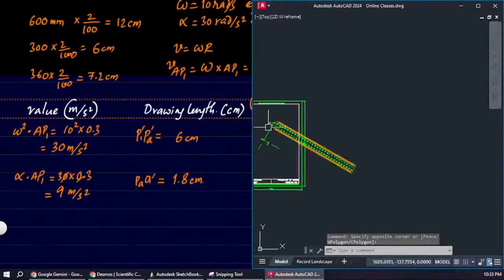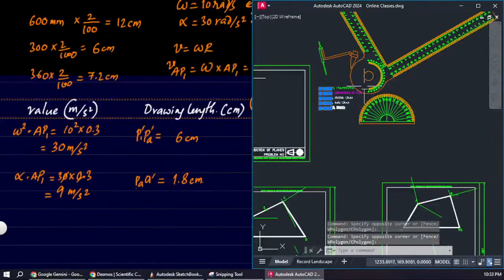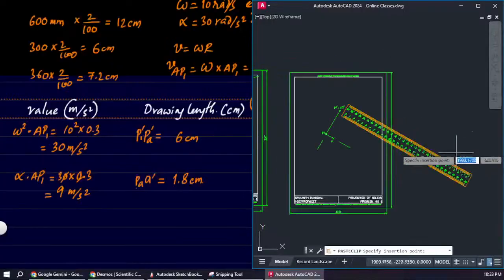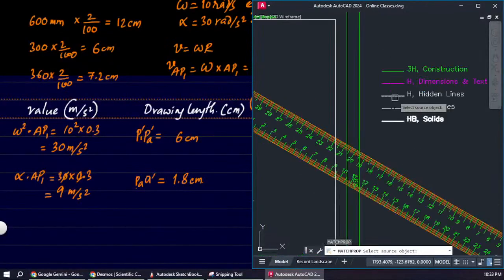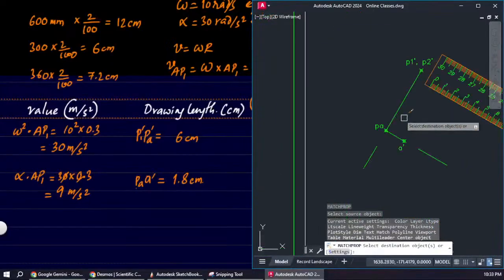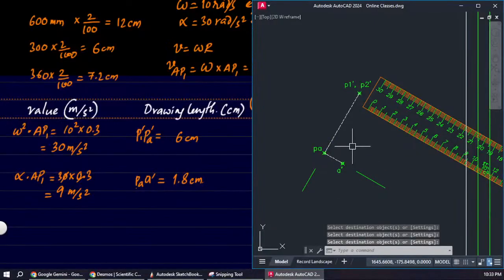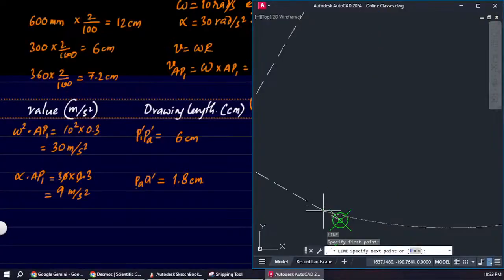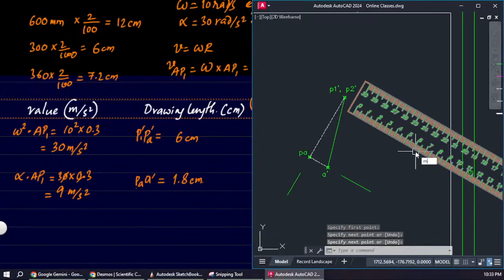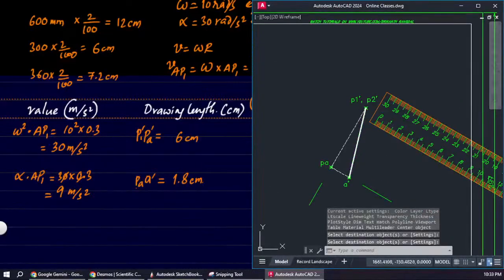Now we'll have to be careful. The lines for tangential and centripetal accelerations must be represented by dotted lines, and the final acceleration should be represented as the dark line.